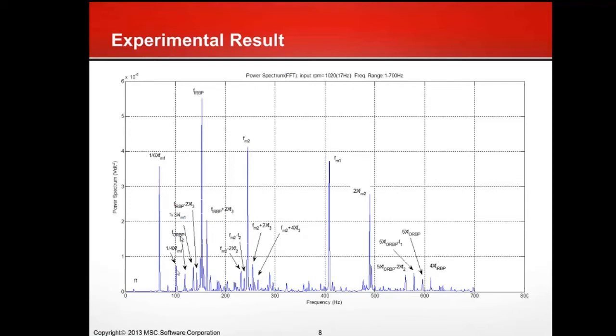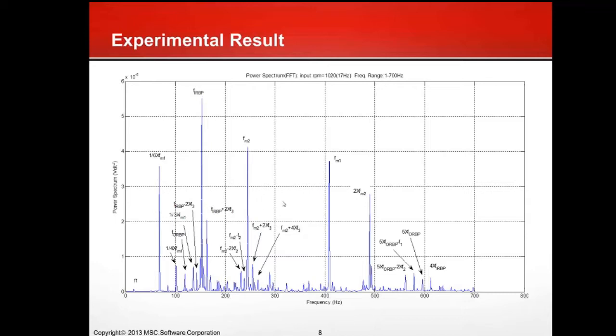Once we got all of those results, we had to analyze what went wrong with the system. We first noticed this, then we dismantled our equipment and found there's a defect on the inner race of the bearing. This makes sense, because the inner race ball pass frequency became dominant.